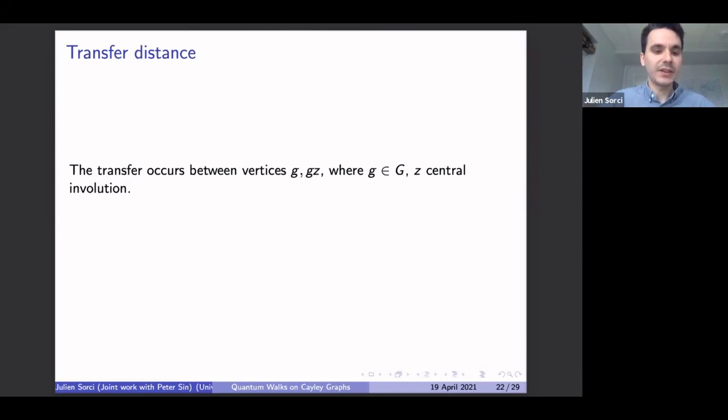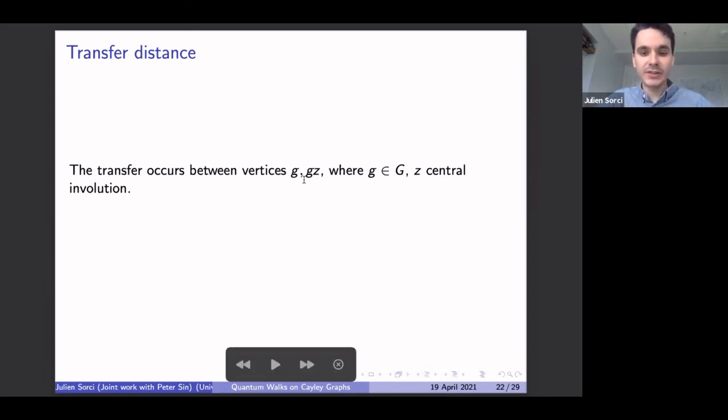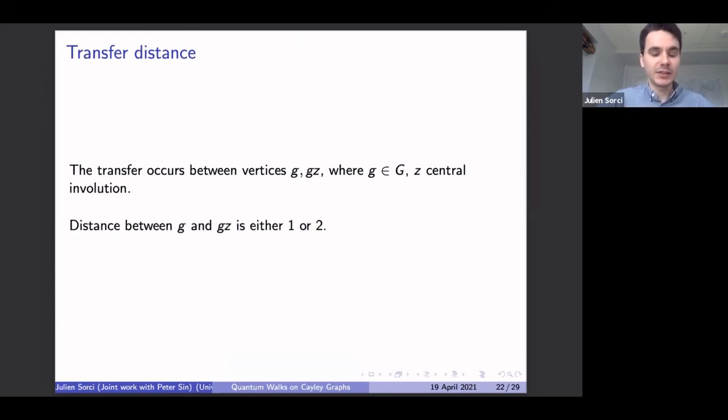regards the distance of the transfer. We saw before that vertices are strongly cospectral if they differ by a central involution. I did this quickly, but when I had that theorem about perfect state transfer, the transfer actually occurs between vertices of the form g and gz, where g is an element of the group, and z is our central involution. And you can actually compute the distance between these group elements.